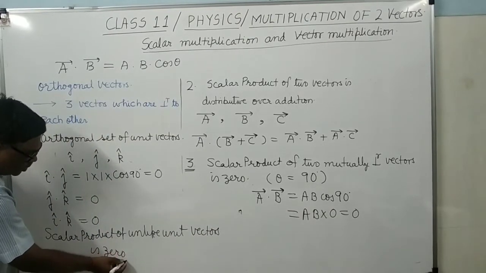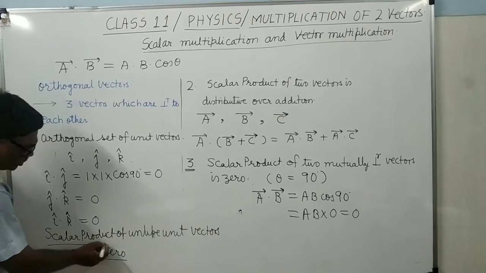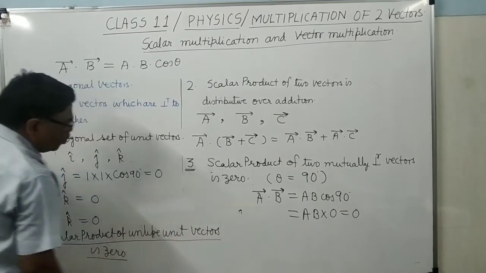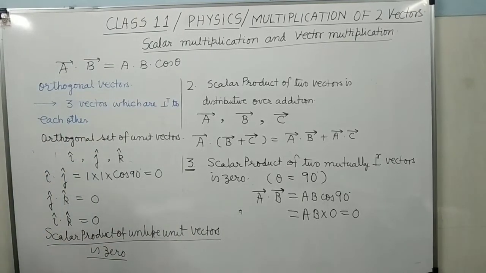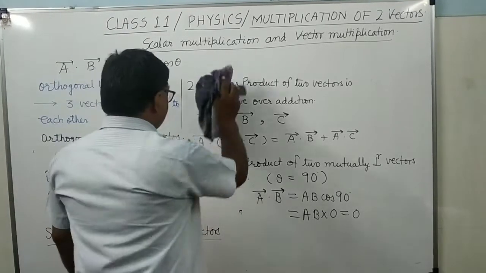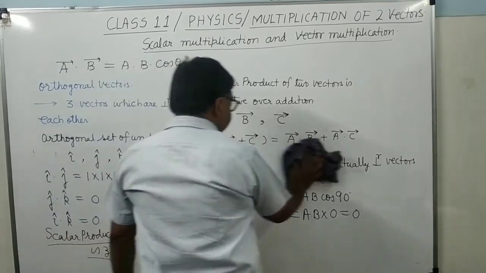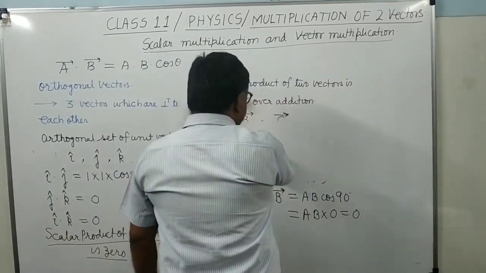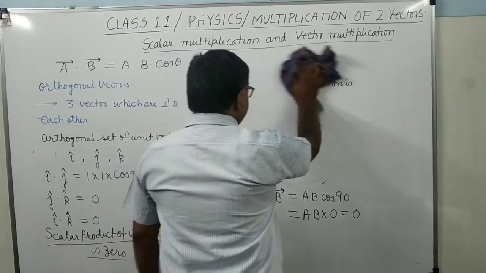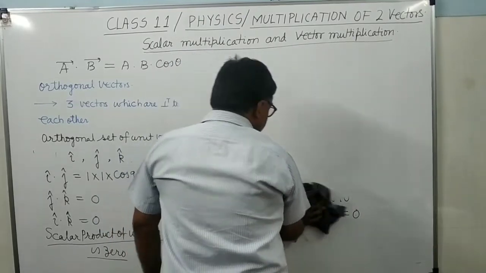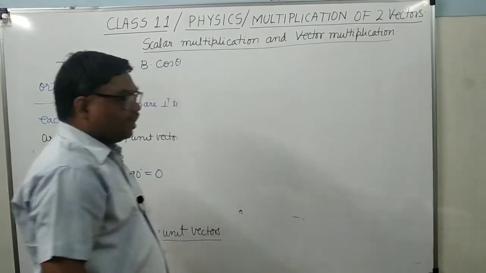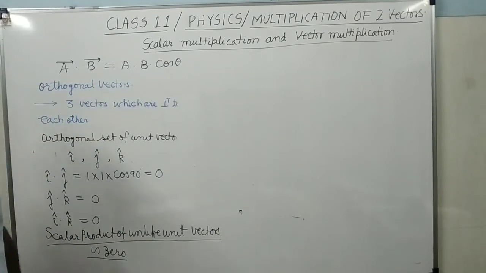So this is the third property: the scalar product of two mutually perpendicular vectors is 0. From this property you have deduced that unit vector i dot unit vector j, unit vector j dot unit vector k, unit vector k dot unit vector i equals 0.